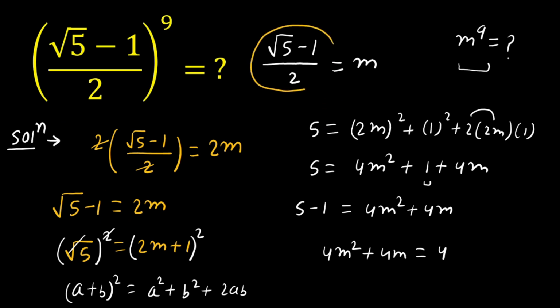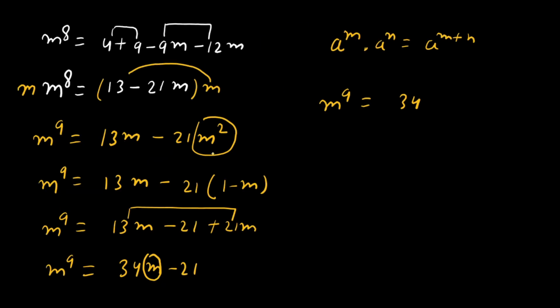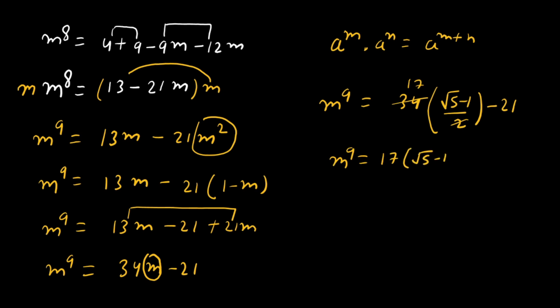M power 9 equals 34, and this m is replaced by (square root of 5 minus 1) over 2, minus 21. This 34 is divided by 2, then we get 17. M power 9 equals 17 times (square root of 5 minus 1) minus 21.